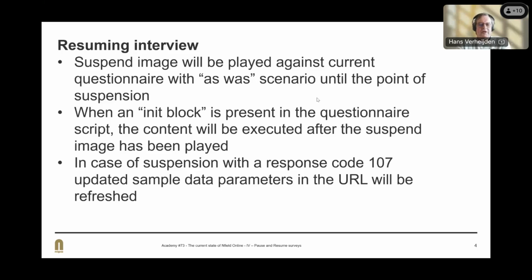And the special one, the code 107, will actually also look at any sample data parameters in the URL. When you do not use the 107, but the 29 or a normal suspension by timeout, then it will use any information that was available in the as-was scenario.